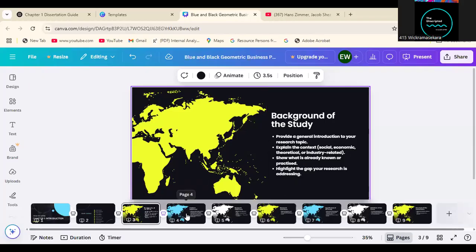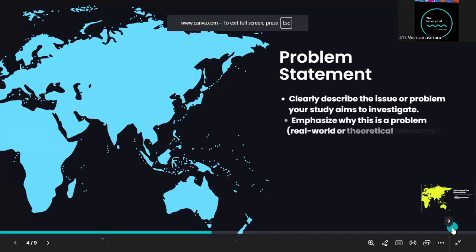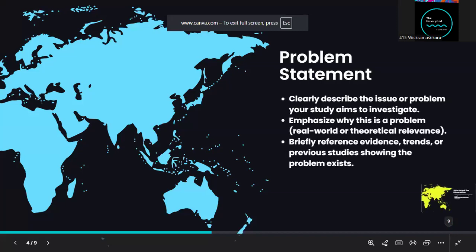And then it is the problem statement, right? So you have to clearly describe your problem or the issue that you are planning to investigate in this research study, right? So it could be either a theoretical gap or a real world problem or a gap that you have identified. So whatever it is, you have to provide justifications.